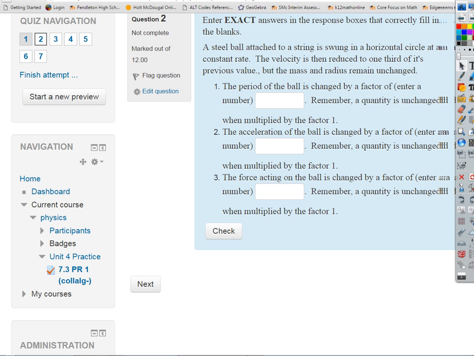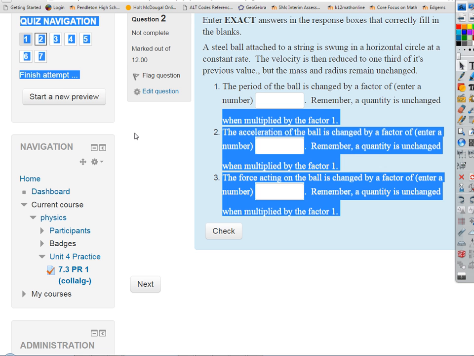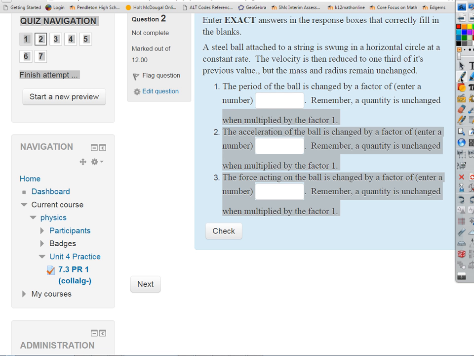The velocity is changed by a factor of 1/3 and the radius remains unchanged. We want to find period. So velocity equals 2 pi r over period. So we said radius is unchanged, velocity is changing by a factor of 1/3. So what does t have to be? 1/3 equals 1 over 3.